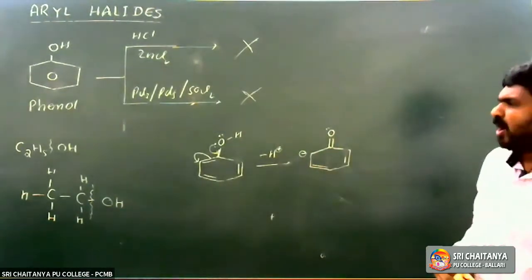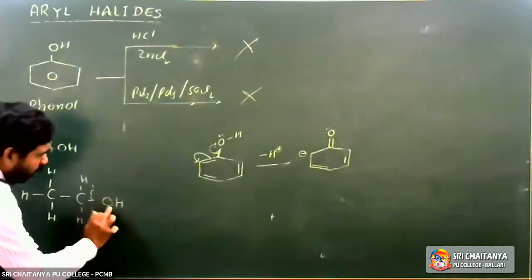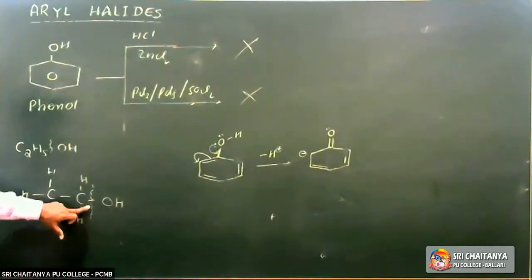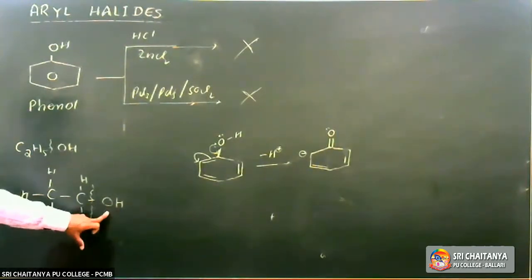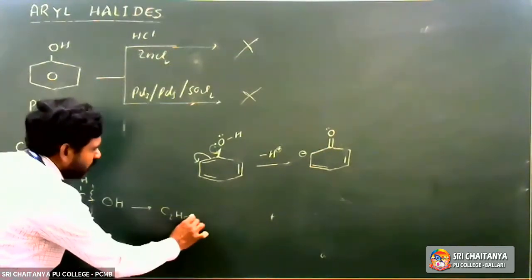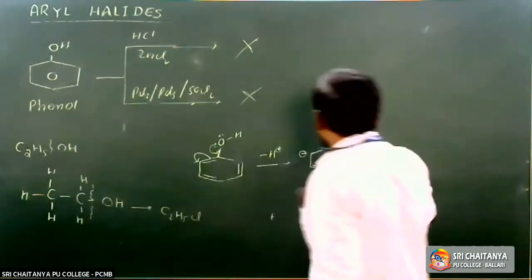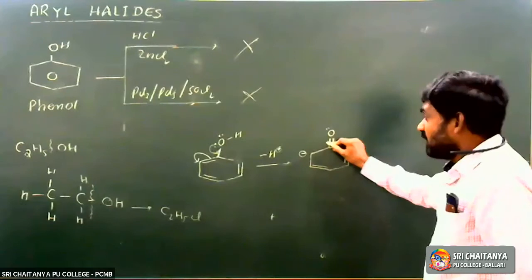Whereas in alkyl halides, carbon and OH contain only a single bond. Single bond strength is less, so this C-OH bond can be easily broken. Hence it gives ethyl halide, that means ethyl chloride or ethyl bromide. But in phenol, carbon and oxygen are in resonance and have a partial double bond character.